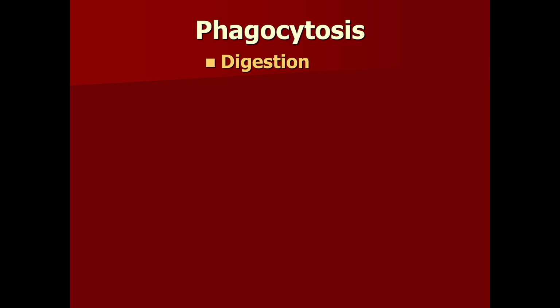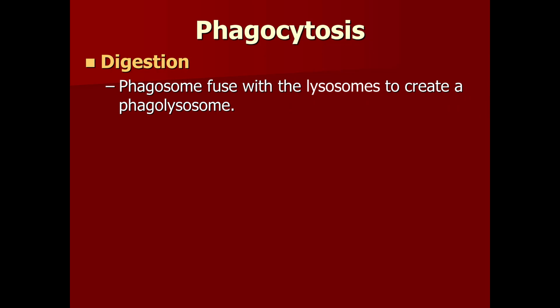Now, digestion occurs when the phagosome, which is now inside of the white blood cell, fuses with the lysosome. Remember, the lysosome is that garbage disposal organelle that eukaryotes have, and inside of the lysosome there are acids and other proteolytic enzymes that degrade things.